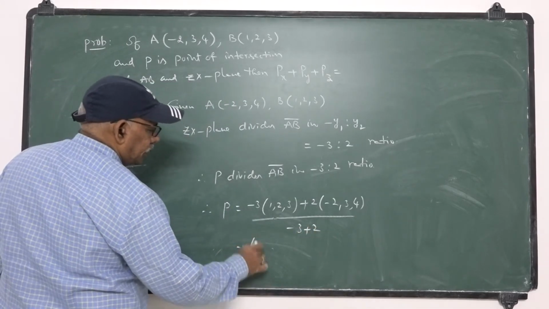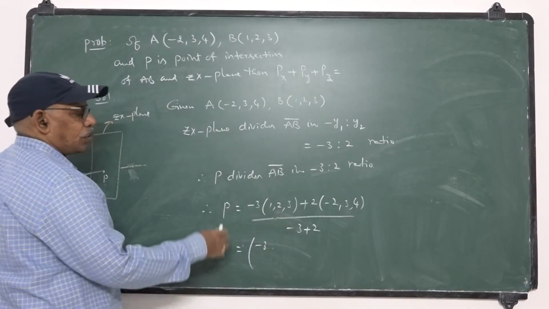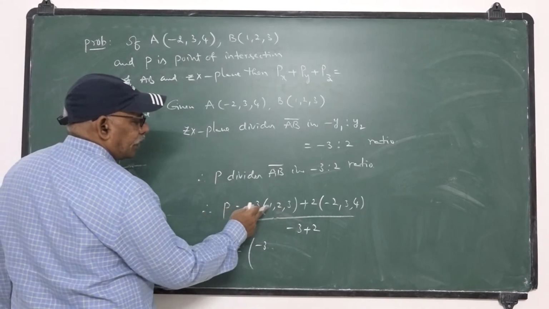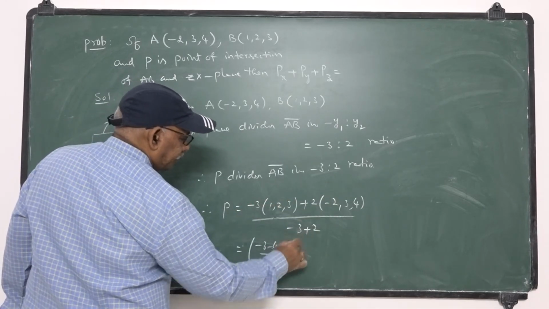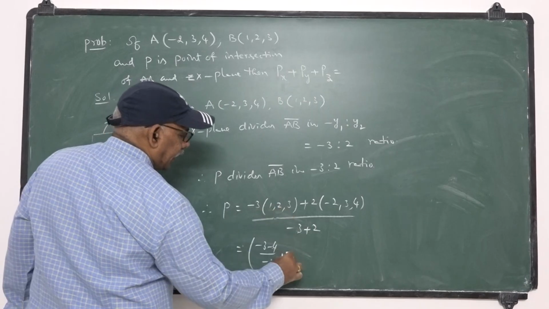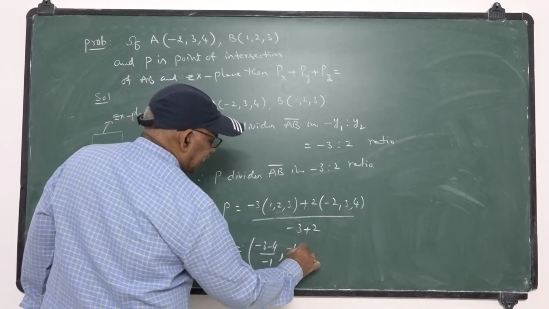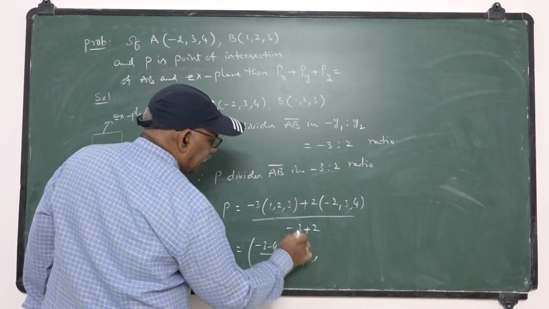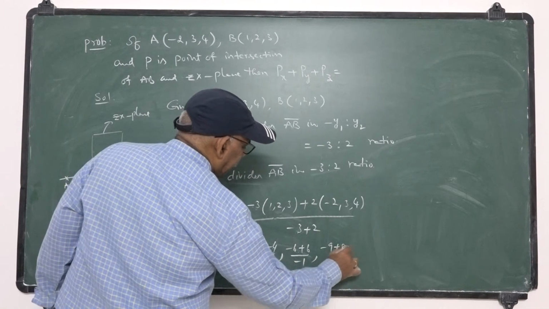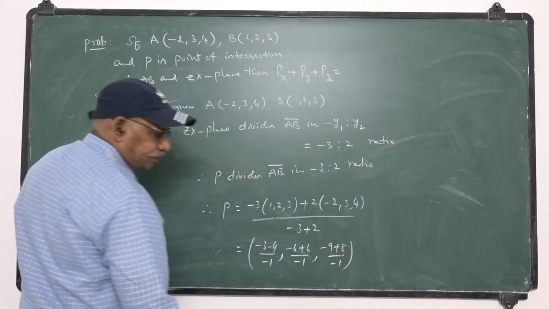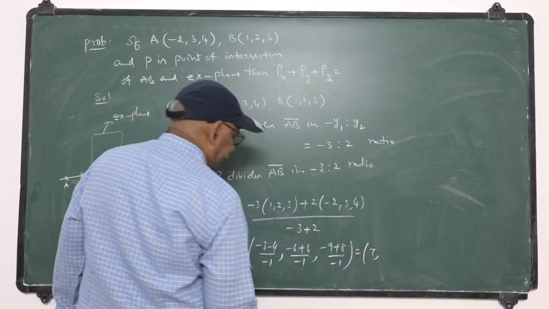So collecting the different coordinates here, x coordinate, y coordinate, z coordinate: minus 3 minus 4 by minus 1 here. Similarly collecting y coordinates: minus 6 plus 6 by minus 1 here. Minus 9 plus 8 by minus 1. So that gives us 7.